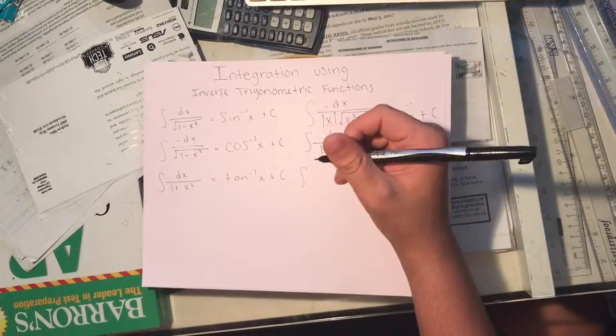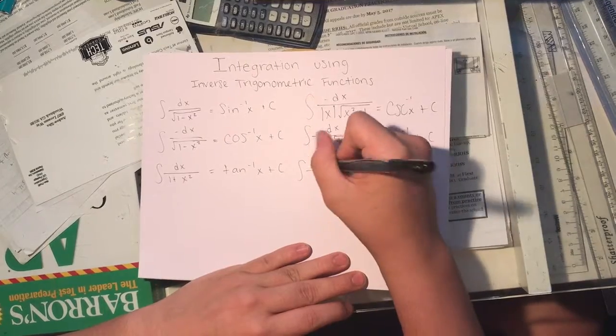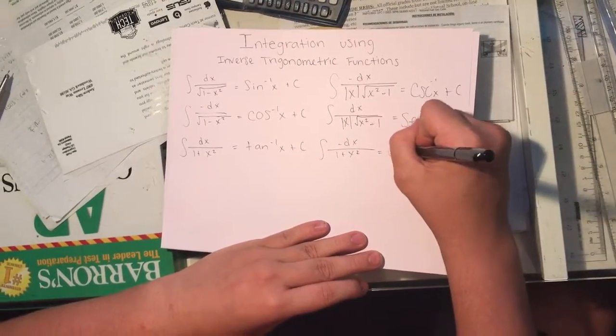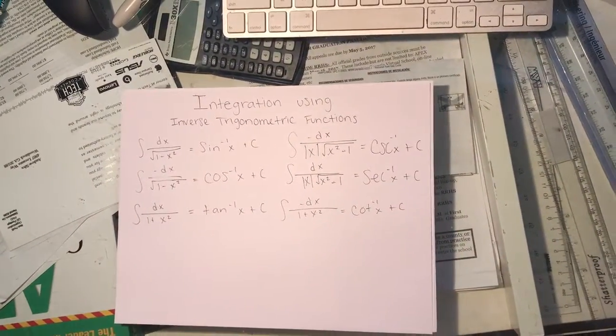Arc cotangent is going to be negative dx over 1 plus x squared equals the arc cotangent of x plus c. So, my friend Clayton showed you the 6 different inverse trigonometric function equations. And now we need to do an example.